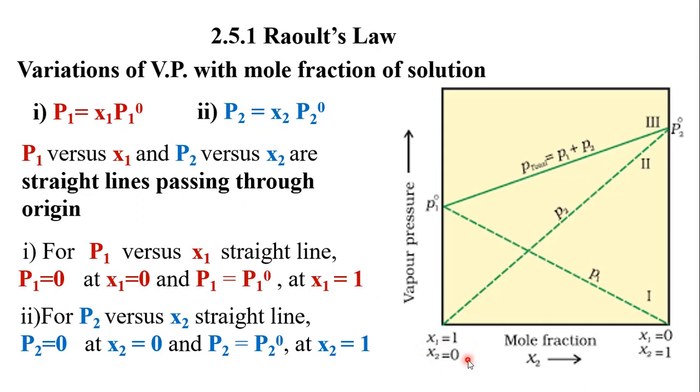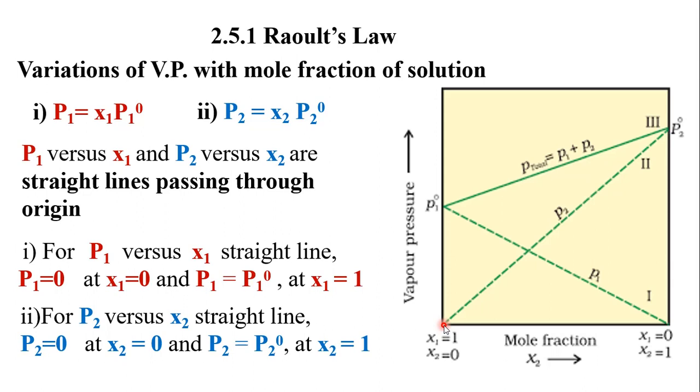And at that time this quantity is equal to 0 and the partial pressure, that is P2, is equal to 0. Therefore when x2 is equal to 0, P2 is equal to 0. That is, the partial pressure of the second component A2 is 0 here.